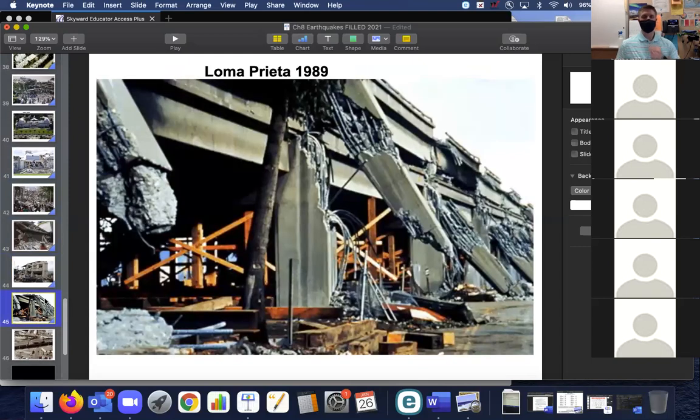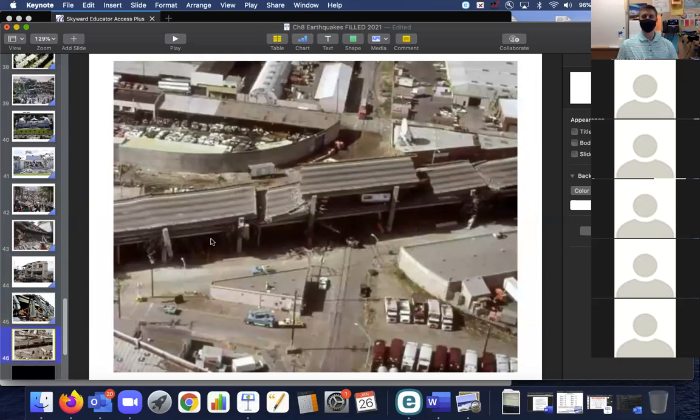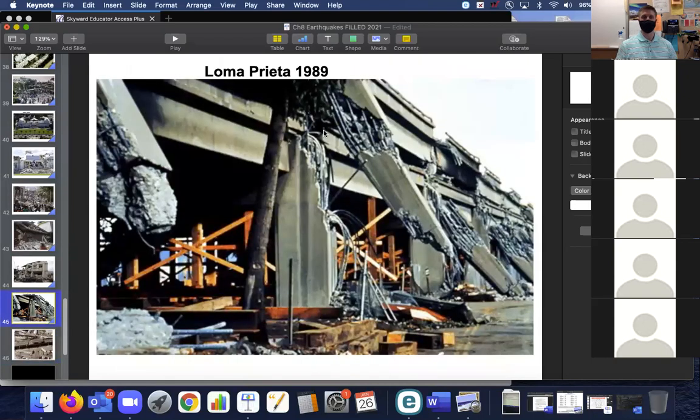And then these last two are from an earthquake called the Loma Prieta earthquake, which was in San Francisco or around San Francisco. This is a bridge, and in the second picture you can see it a little better. The bridge had two levels, and it had these large supporting legs. But a number of those failed. A number of those broke, which this is a better picture of.